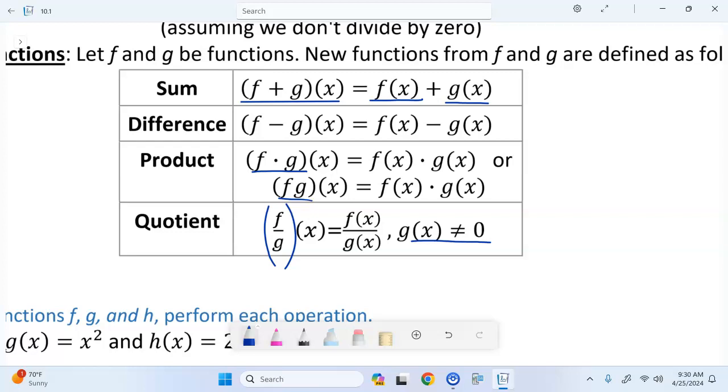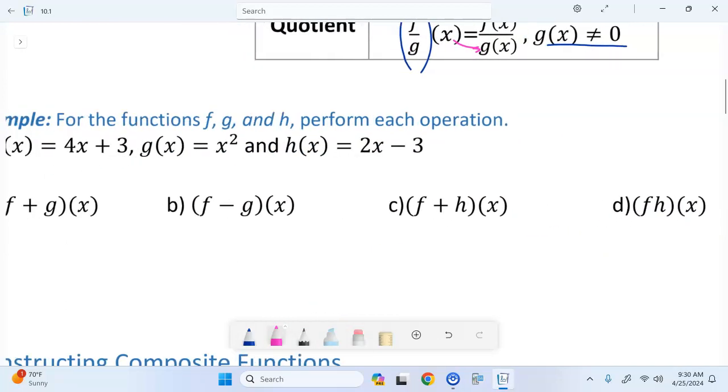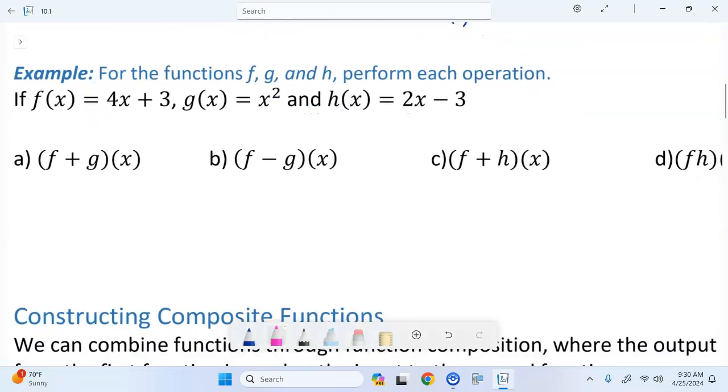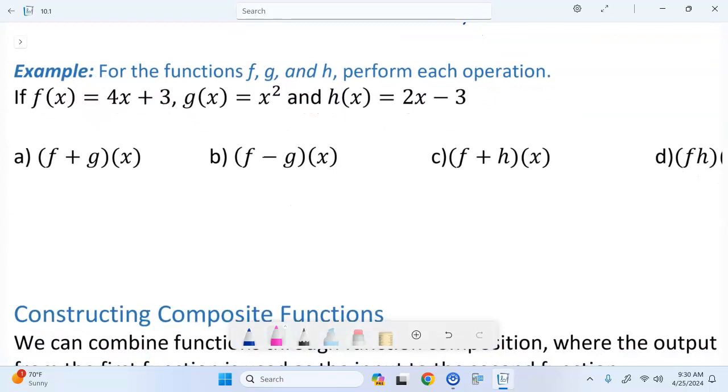So when we see our different combinations, it's usually helpful to rewrite it as separate functions, just to help visualize when we're doing the replacement and the substitution with the function, and then we go through the process of simplifying. So we're going to start with 3 different functions here. And our functions can have any letters.